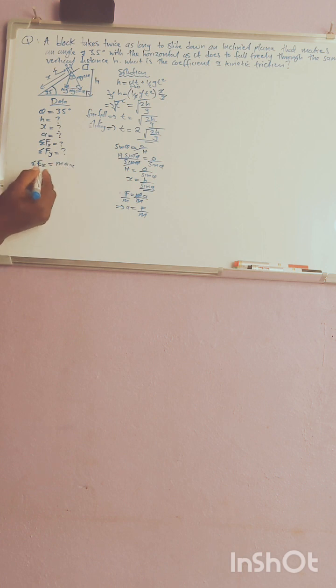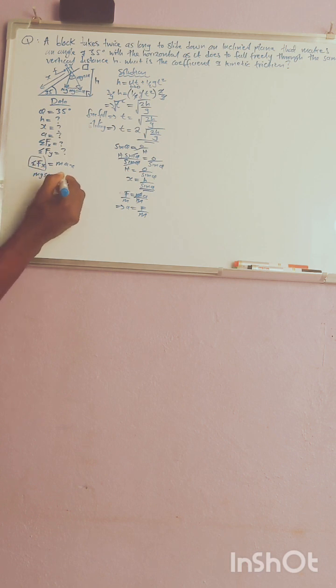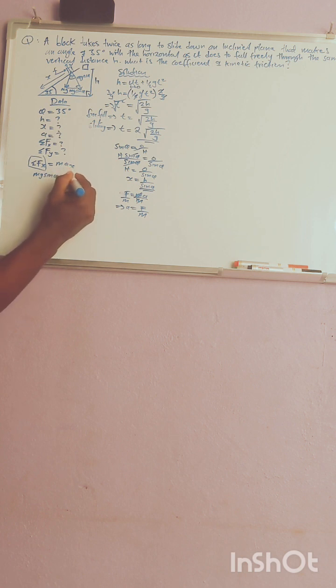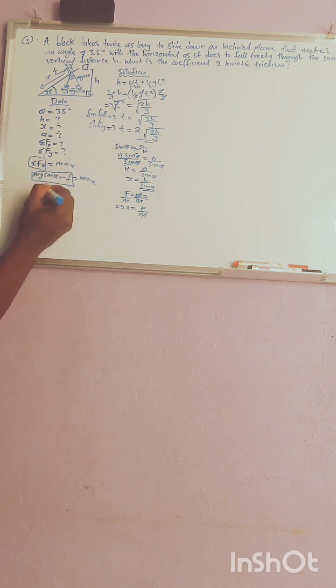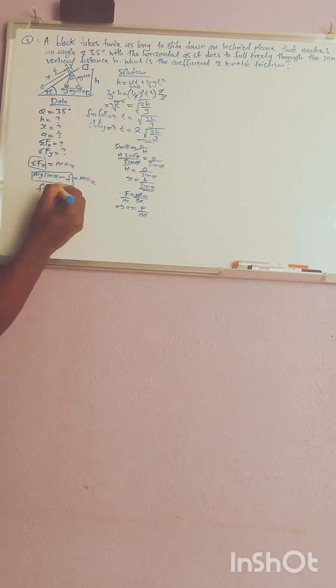We know this. Therefore, the summation of forces will be equal to mg sine theta minus the friction, which will be equal to ma_x. So the resultant in the x-axis is mg sine theta minus the frictional force, and we know that the frictional force is equal to mu k times the normal force.